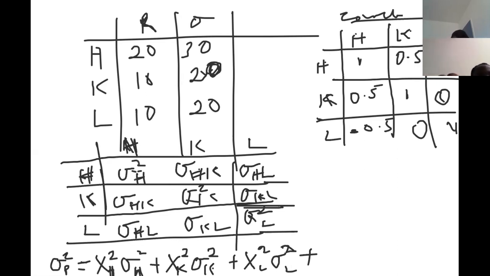to a new page. All right, so what I'm doing now is I'm trying to form the portfolio variance for the 3 cases.